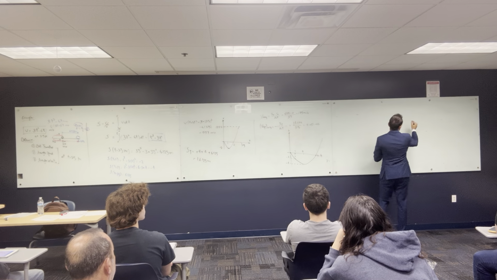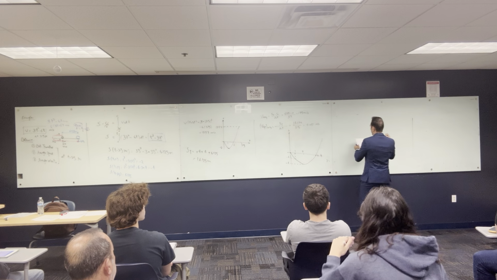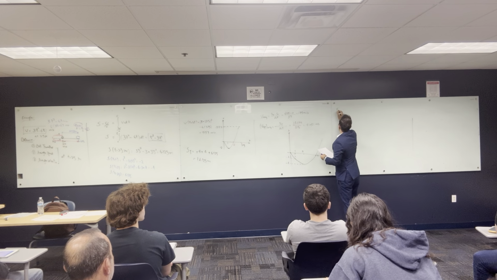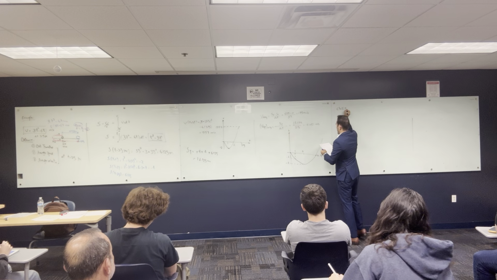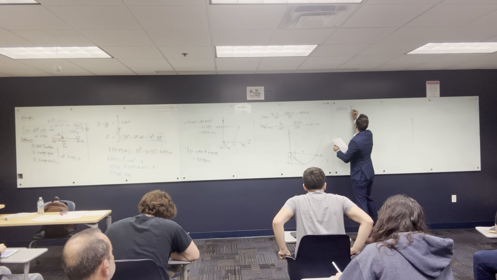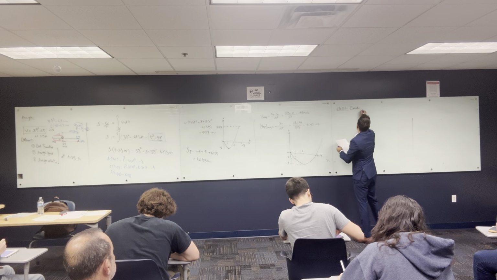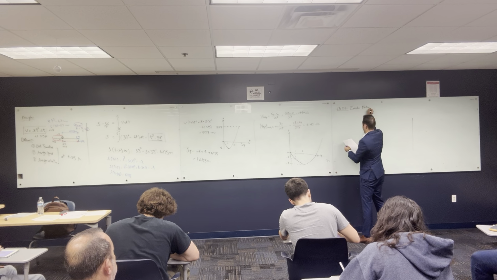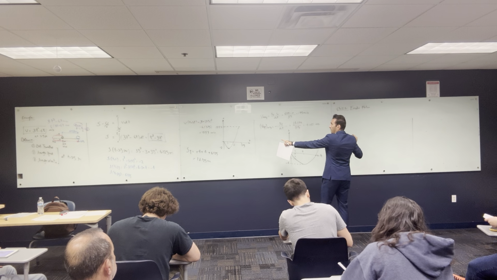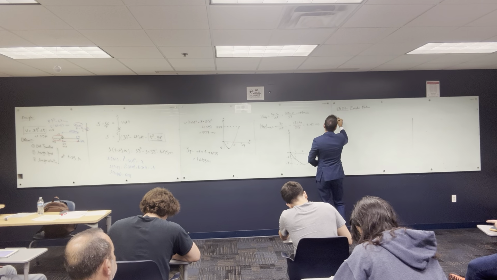So let's put it that way. Chapter 12.3, erratic motion. So for the erratic motion, let's look, for example, at one of these velocities.